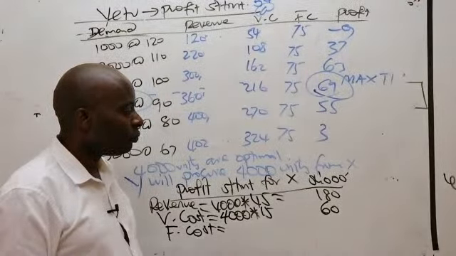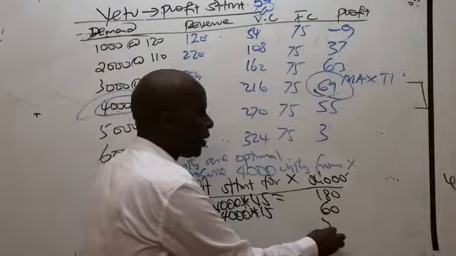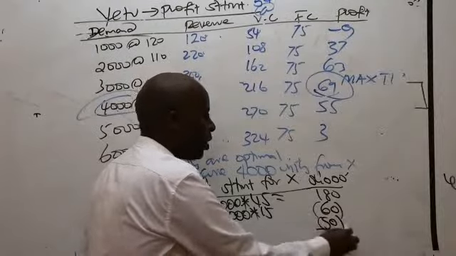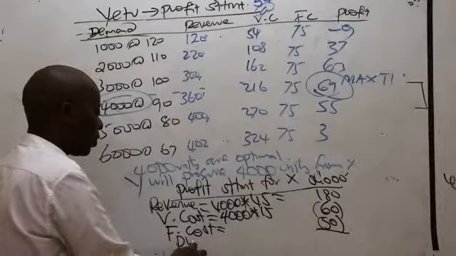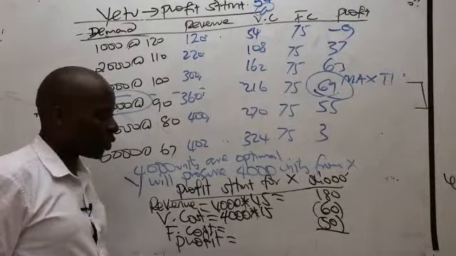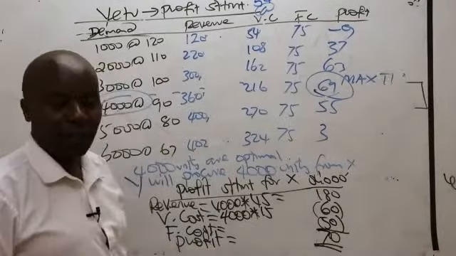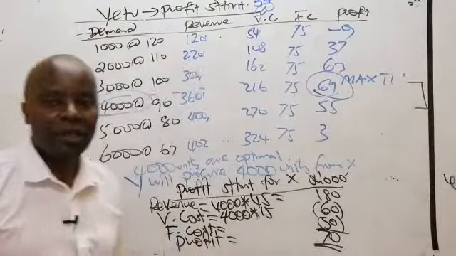Mercy is giving you 50. So please deduct the two costs to give us the profit for this division. 180 minus 110 gives us what figure? 70.